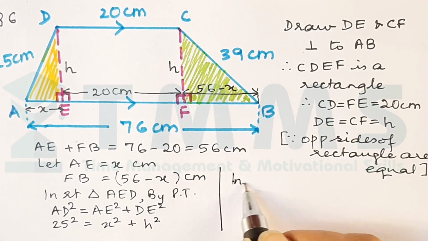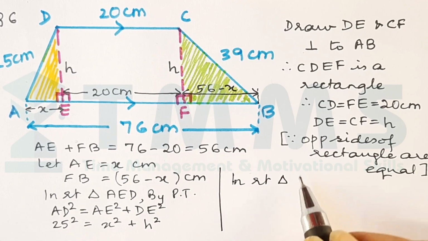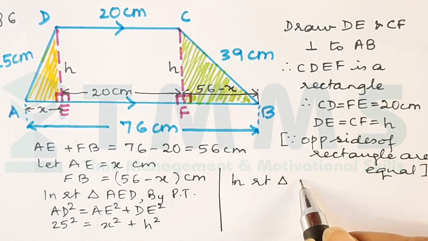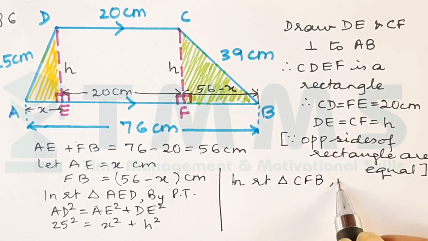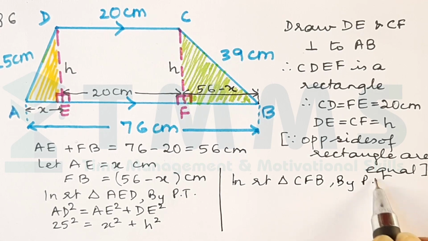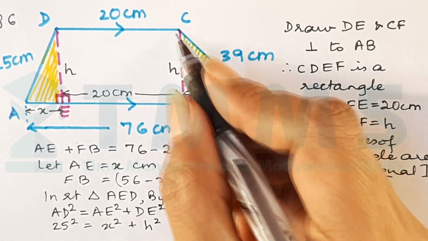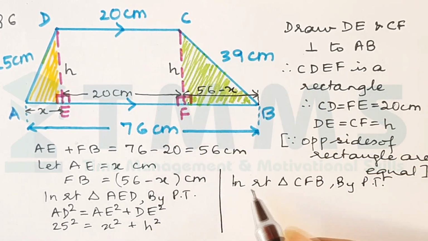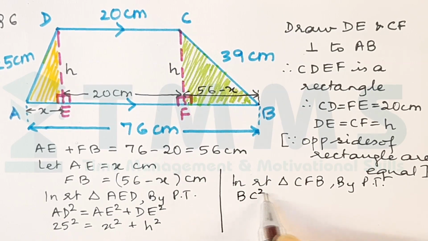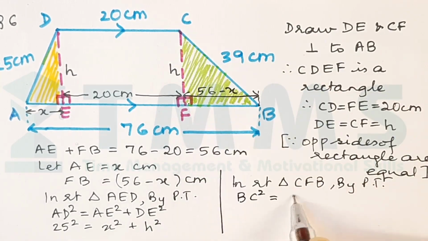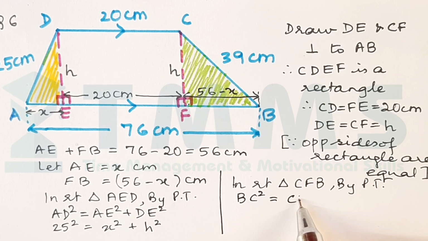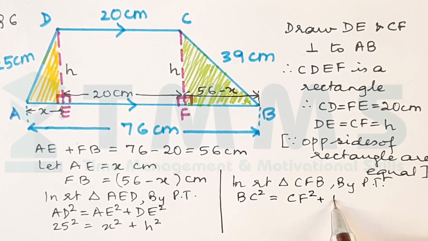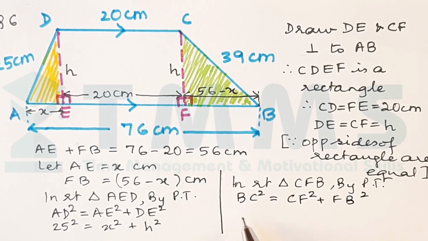So we'll say in right triangle CFB, by Pythagoras theorem, which is the hypotenuse opposite 90. Can you see that? Yes. So BC square is equal to CF square plus FB square.